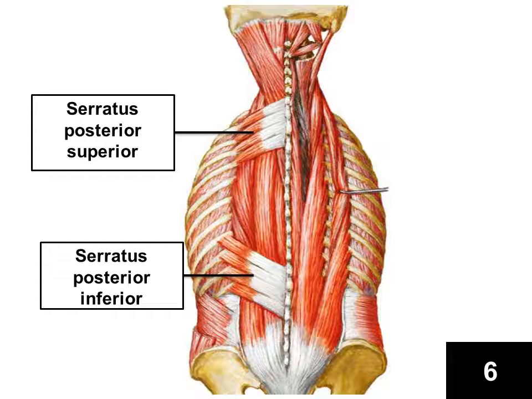The muscle passes downward as you see in the diagram and laterally to be inserted by means of 4 fleshy digitations into the external surface of the 2nd, 3rd, 4th and 5th rib, a little lateral to their angle.